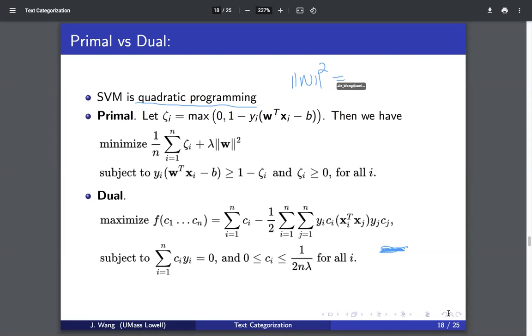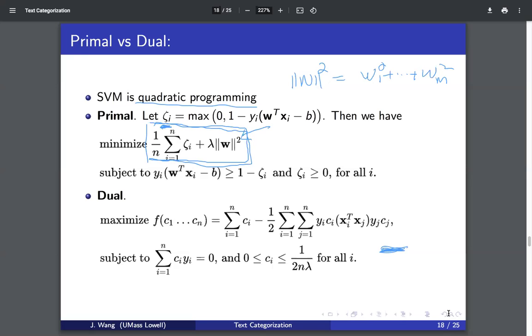It would just be W1 squared plus up to WM squared, right? So that is quadratic. So people tried to come up with a way to do that computation. How do you solve that minimization problem? They look at the primal, and now they introduce a variable so that the minimization becomes this. Okay, so we look at this quadratic term.